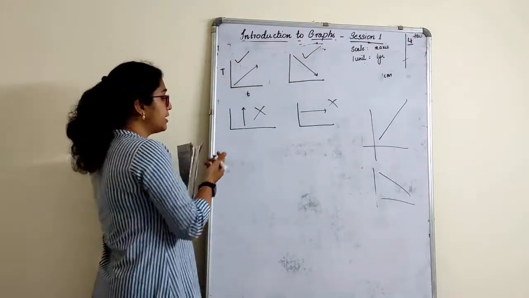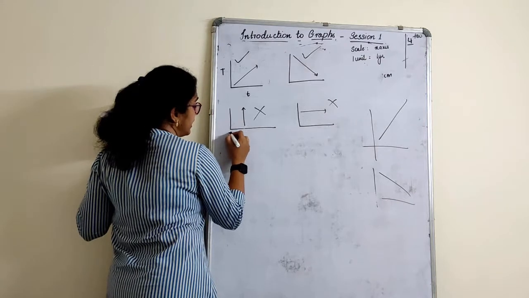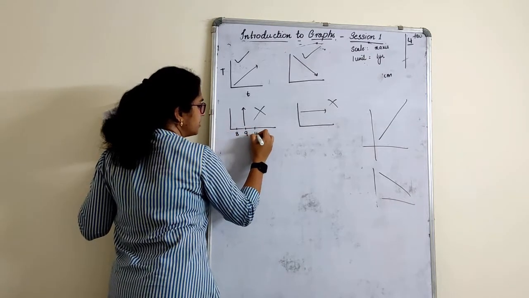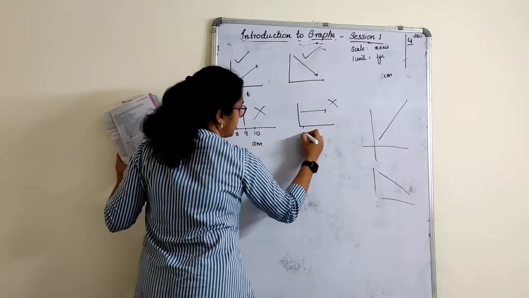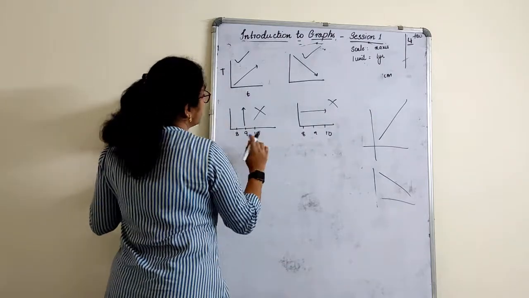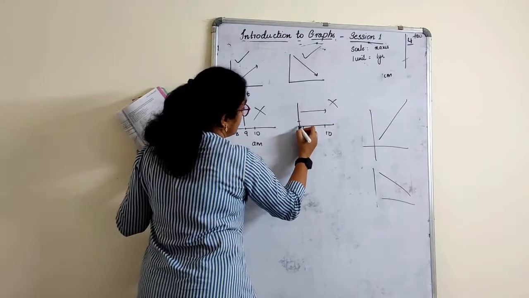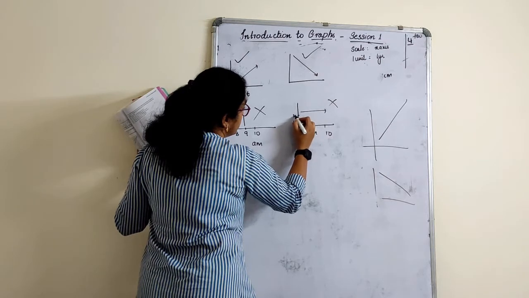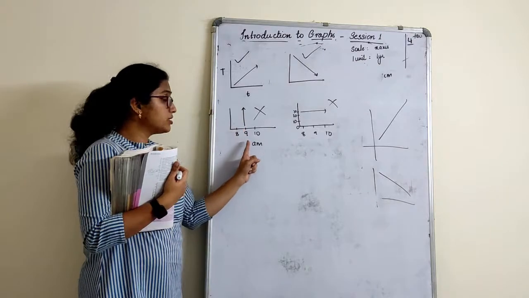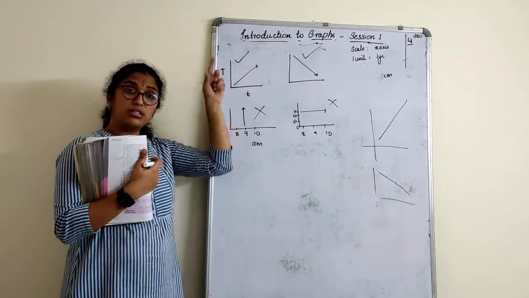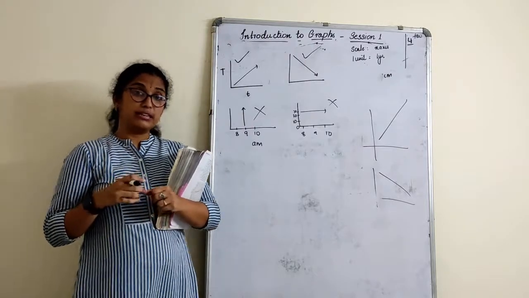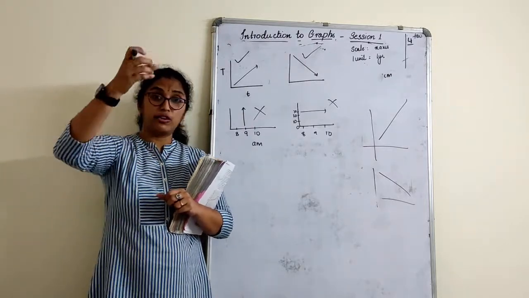Look at this. For example, this is around 8 a.m., 9 a.m., 10 a.m. we are considering. Time and temperature, let us consider from 0, 10, 20, 30. At 9 a.m. the temperature suddenly shot up. Initially the temperature was 10 degrees Celsius, then 20, 30, 40, 50.